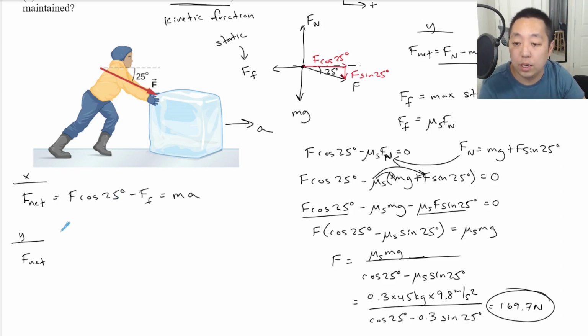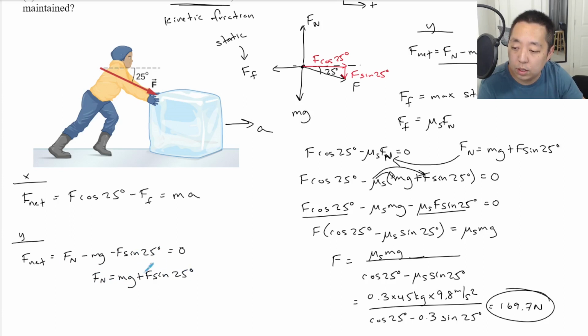So we use the exact same equation: Fn minus mg minus F sine 25 degrees equals 0. We can solve for the normal force again and plug that in.